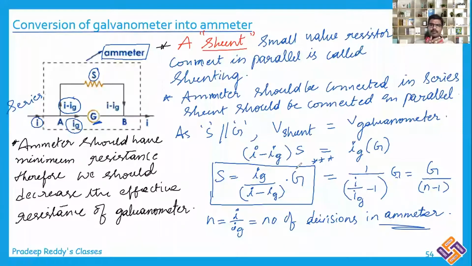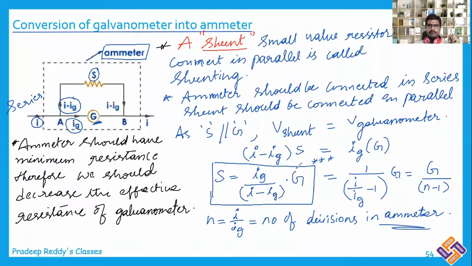That basic relation we have used, and we have got the equation for shunt resistor. Now how much value of shunt resistor should be connected to the galvanometer to convert it into an ammeter? You will be using this relation, and we can find out what value of S to be added to the galvanometer to get the maximum amount of current passing in the circuit.